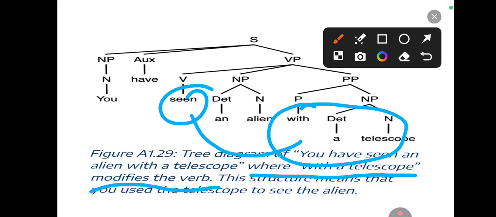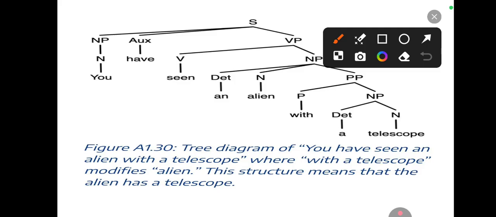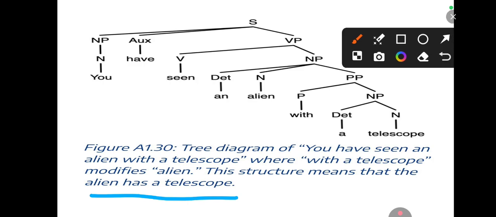Why? Because according to the first interpretation, you use the telescope, and in this sentence you don't use the telescope, the alien has a telescope. There are two interpretations. For the first interpretation we have already discussed the sentence. Now suppose the alien has a telescope, then the analysis will be different.